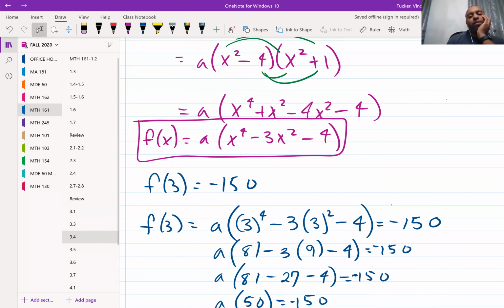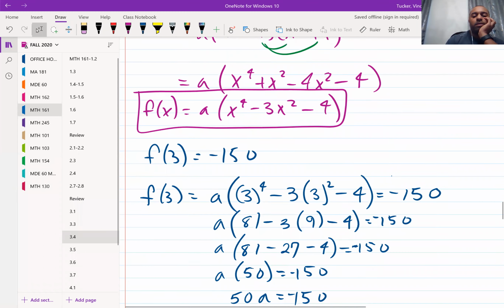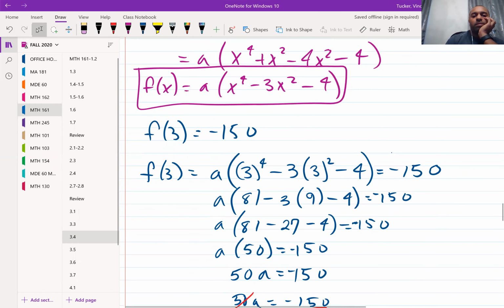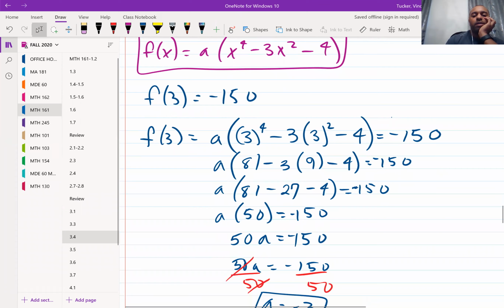Simplify, 3 to the 4th is 81. 3 squared is 9. So it's 81 minus 27 minus 4, because 3 times 9. That reduces to 50a equal to negative 150. Divide by 50.